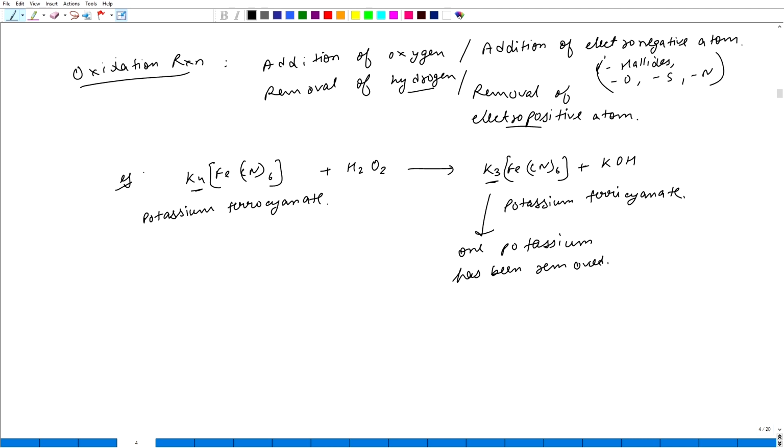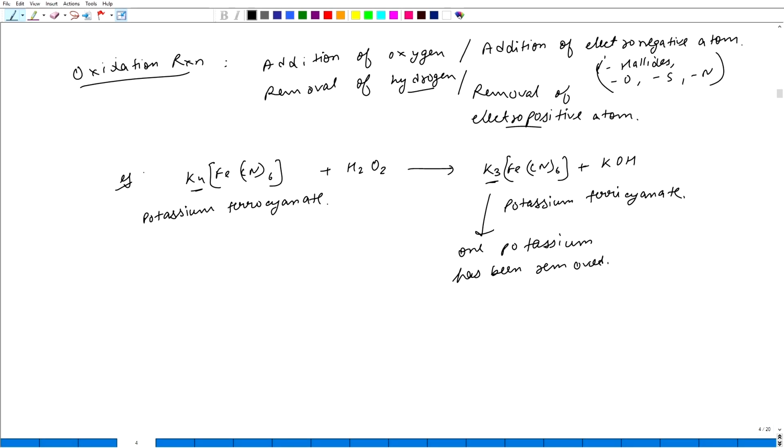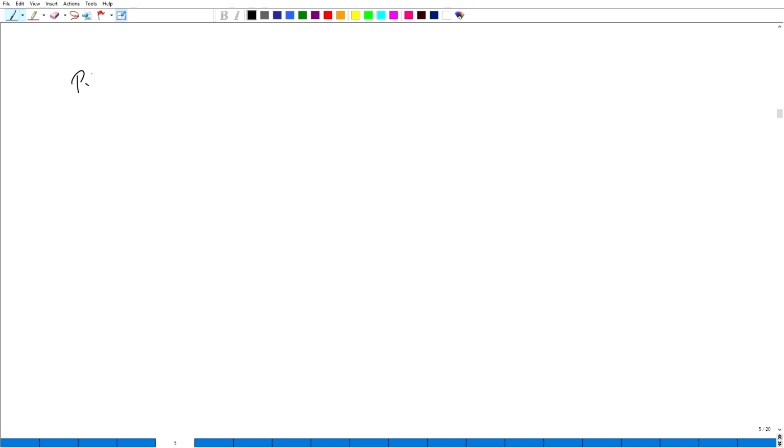So, oxidation is addition of oxygen, or addition of any electronegative element or atom. Similarly, removal of hydrogen is oxidation, hydrogen being an electropositive element. So, you can say removal of hydrogen or removal of any electropositive atom, and that will combine as the oxidation reaction. Now, the reduction reaction, the second part of redox reaction, was reduction reaction.